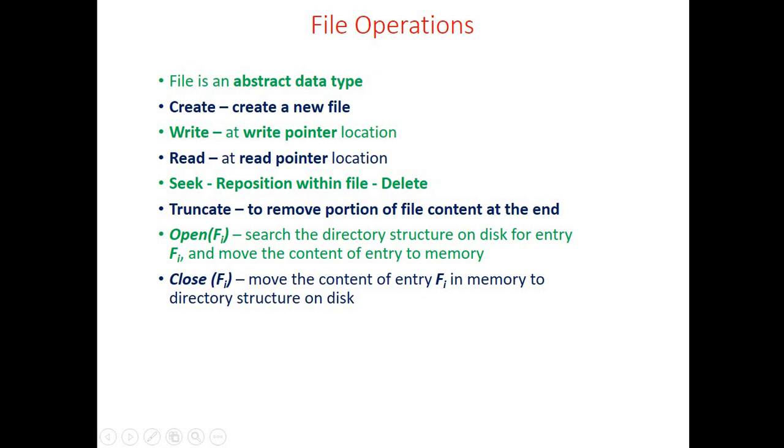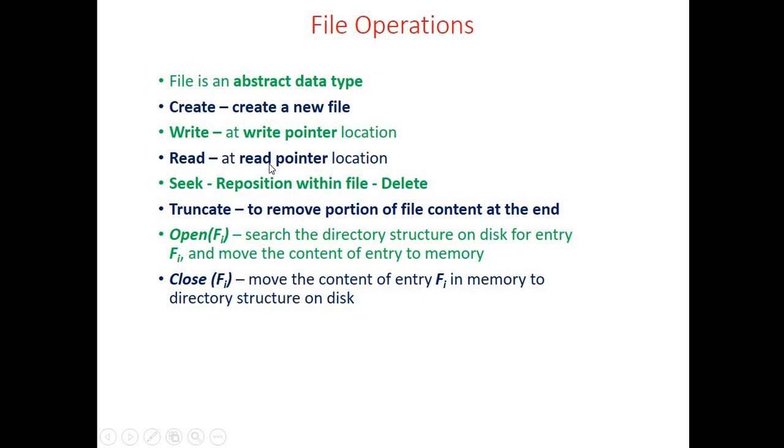There are various operations that can be performed on a file. As we know, a file is an abstract data type. We can create a file by using the function called create. You can write data into the file by using the write function call.